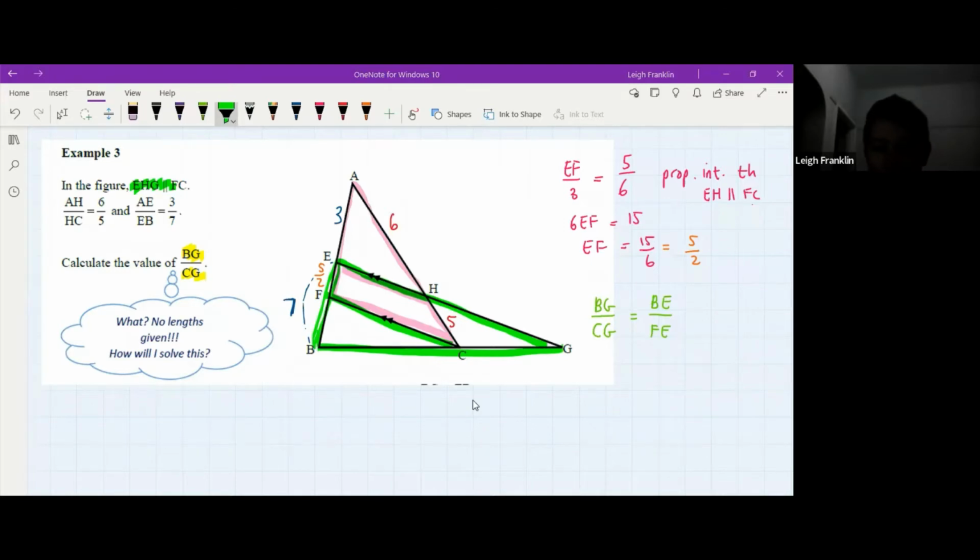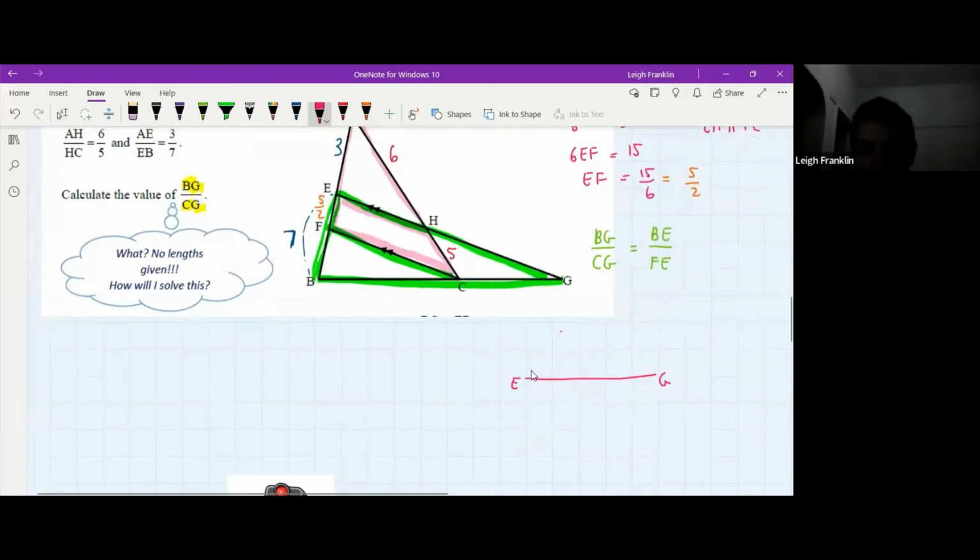So what you've got in this situation is a triangle. This line is EG. Then EB is a very short line, and line BG is a much, much longer line.